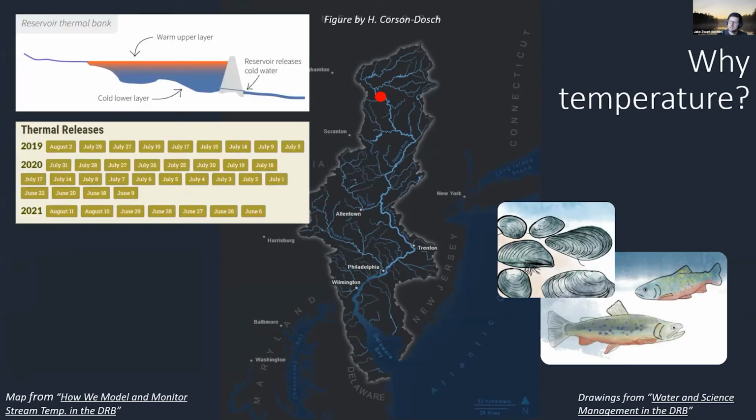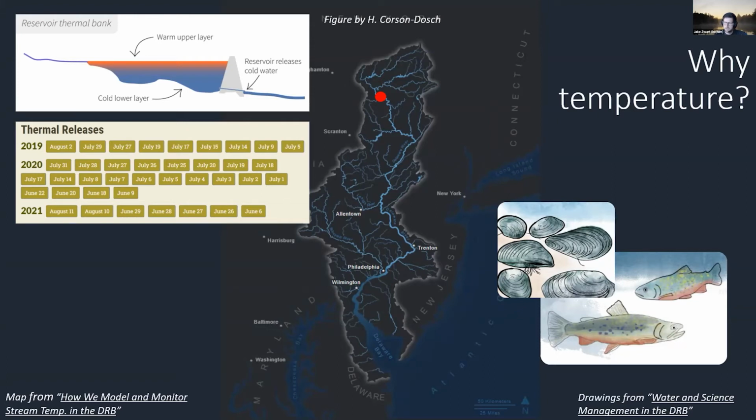To combat these warm temperature regimes, New York City reservoir operators are allocated what's called a thermal bank, which is a set volume of water that resets every year. It's available to release when water temperatures at that red dot are expected to exceed this thermal threshold. So they're able to increase their release from the deep waters of the reservoirs, or this cold water layer of the reservoirs, to maintain these downstream temperatures.